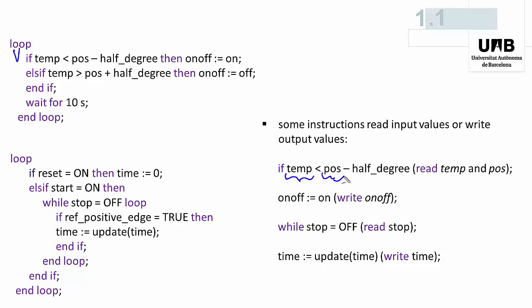Once a decision has been taken, the value on or off must be transmitted to the on-off output. In the second example, in order to execute the while instruction, it is necessary to read the value of the stop input. Another example here, once the new value of time has been computed, it must be transmitted to the time output.